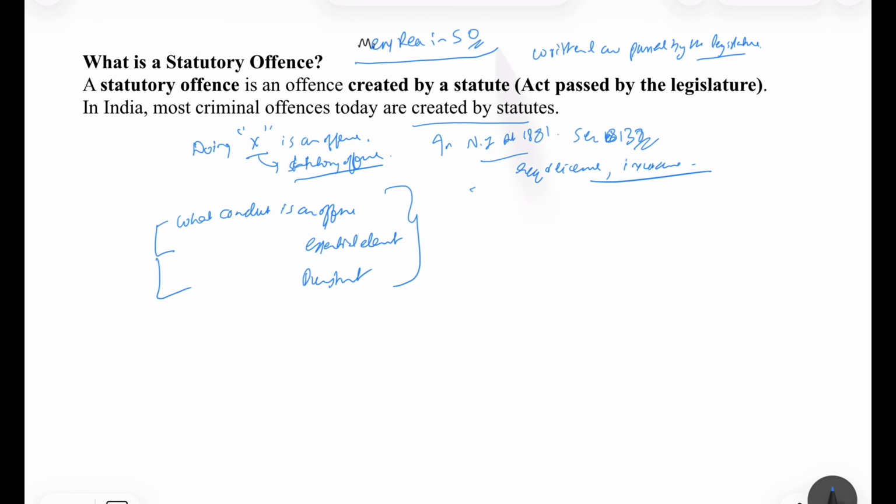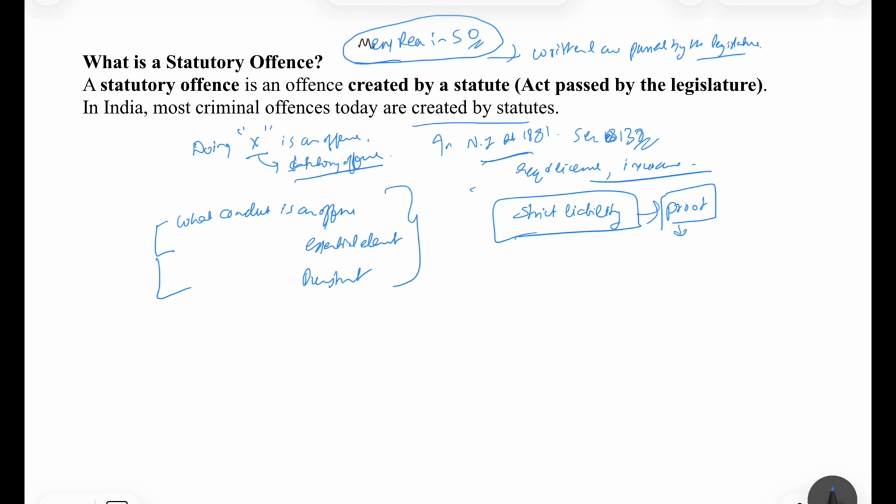However, when textbooks discuss mens rea and statutory offences, they are usually referring to the special laws only, special statutes like the Motor Vehicles Act and the Environmental Protection Act, because these are the areas where the legislature is more likely to create strict liability, where there are general exceptions for the liability offences and dispense with the proof of mens rea. In the further slides, we will be discussing where mens rea is required and where mens rea is not required. So this is the information with reference to this slide.